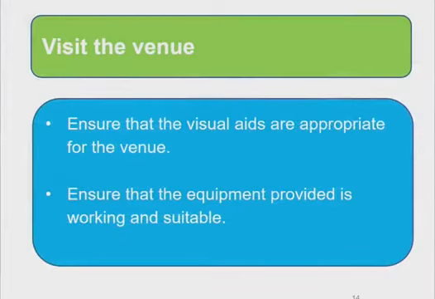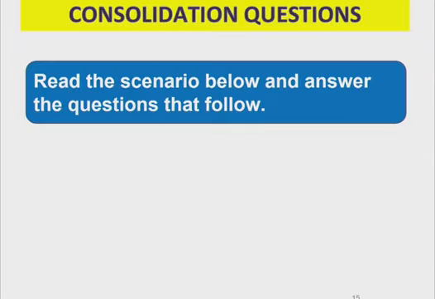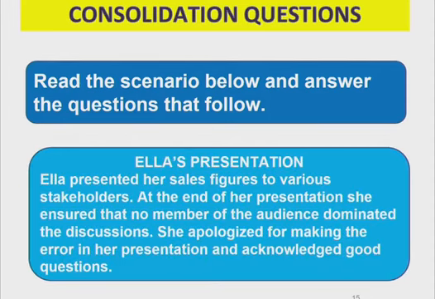So let's continue with our presentation, and at this point, let's consolidate with a question. This is a section B question. It's a scenario-based question, and scenarios can appear both in section B as well as in section C. But for now, this is a section B question, and learners, it's important to pay attention to the instruction as well as to the actual scenario and questions.